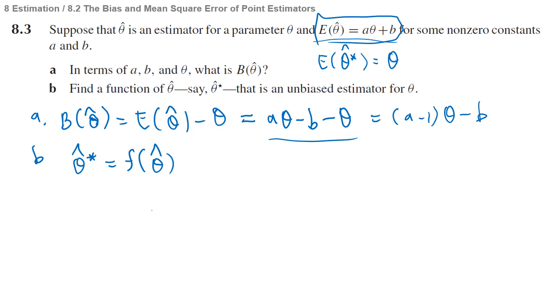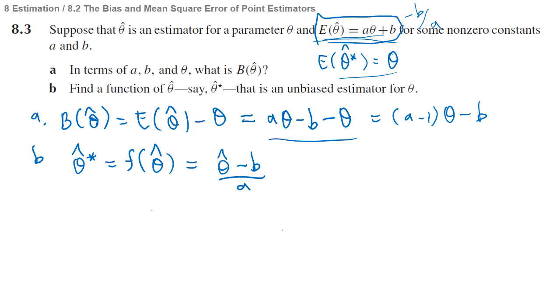To make it like this, if we subtract b from the expected value of theta hat and divide by a, then it would be theta. So one function would be theta hat minus b divided by a, and then I think it would be an unbiased estimator.